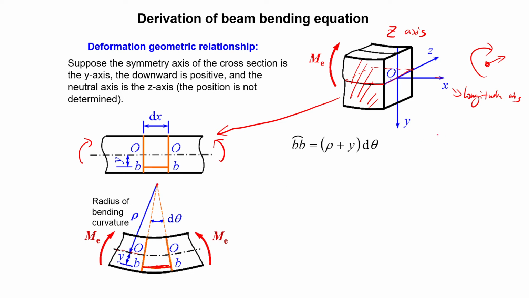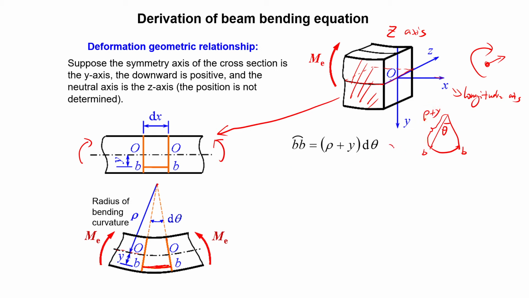So that's the equation with theta here, and the distance from here to here is rho plus y.